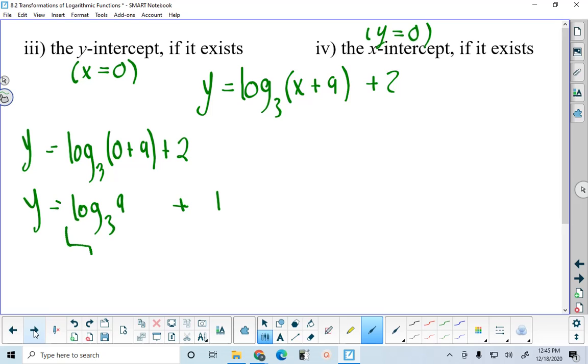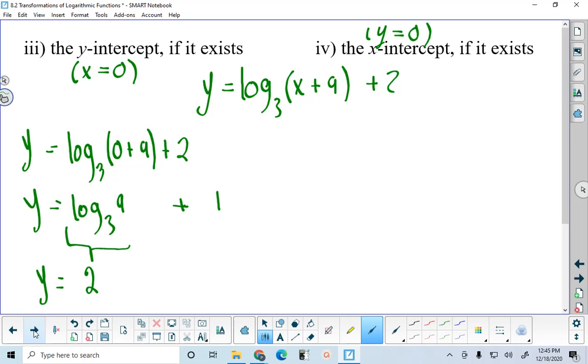This should be, if you're not quite there yet, all I'm saying is you need to get there soon. By the time we come back from Christmas holidays, I hope everybody will not have forgotten that this is 2, because log base 3 of 9 is the exponent to which you raise 3 to get 9.